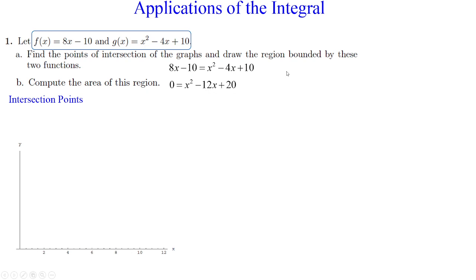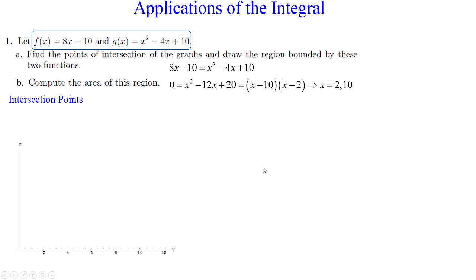I hope that's factorable. Zero product property of algebra. Factor x and x. And I need a product of 20 and a sum of negative 12. So I know that's going to be a minus, minus, and what? 12. Would that be a 10 and a 2? I think so. How about a minus 10 and a minus 2? There you go. And now by the zero product property of algebra, x either equals 10 or 2.